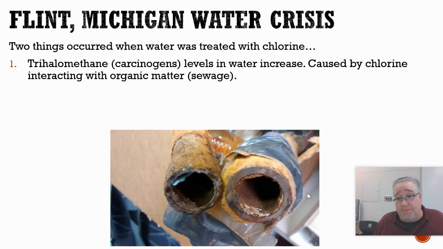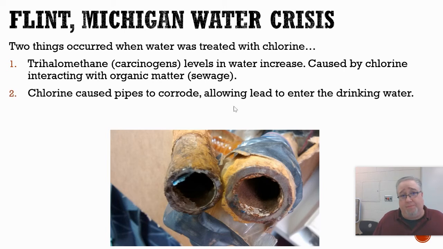One is that the chlorine can interact with some of the materials in the sewage that might be in the water, and they can form something called trihalomethanes, which are carcinogens. So by using all of this chlorine in this basically septic water, they actually increased the levels of these carcinogens in the water. So that's kind of an issue, right?